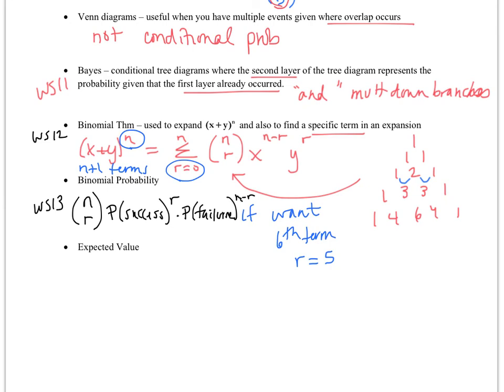Now notice that these exponents are flipped from what we see above in binomial theorem. An easy way to remember this is we want r successes and the rest are failures, which is why it's n minus r.